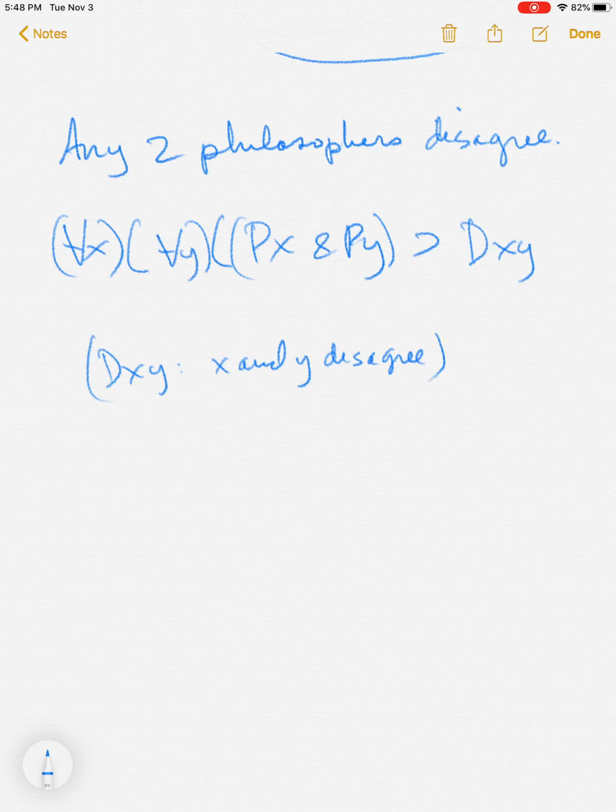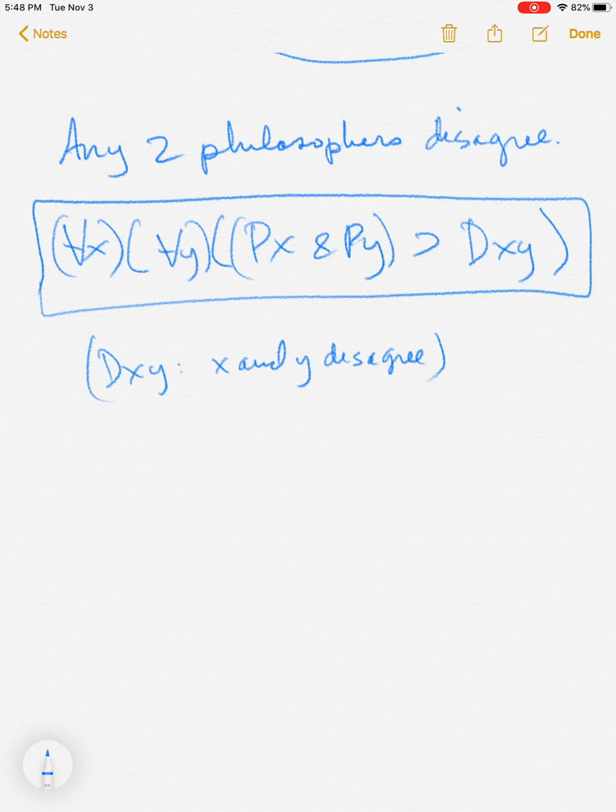Okay, so does this do it? You got this philosopher, you got that philosopher, pick a philosopher, pick another philosopher. Pick a philosopher, they disagree. This kind of implies that every philosopher disagrees with himself.